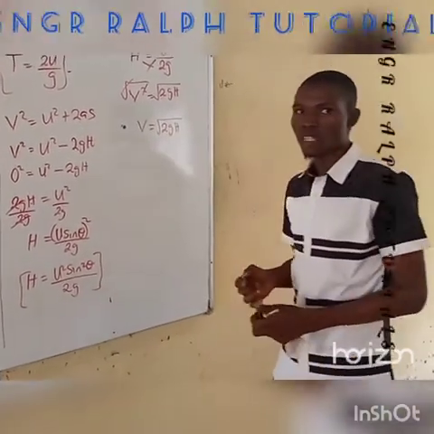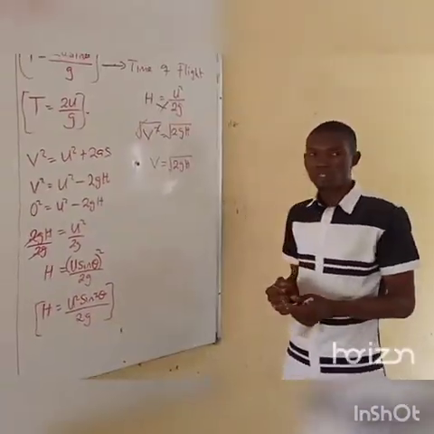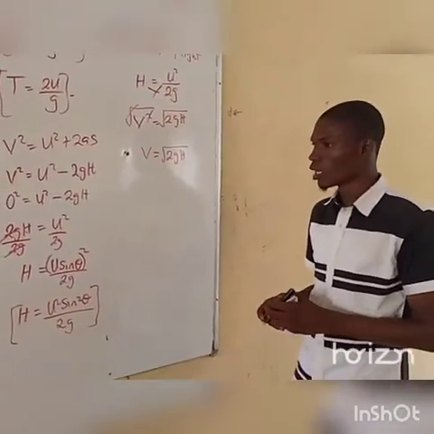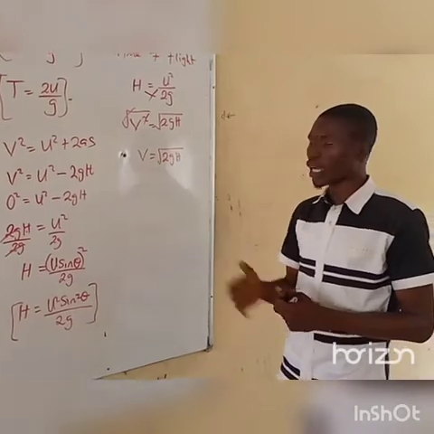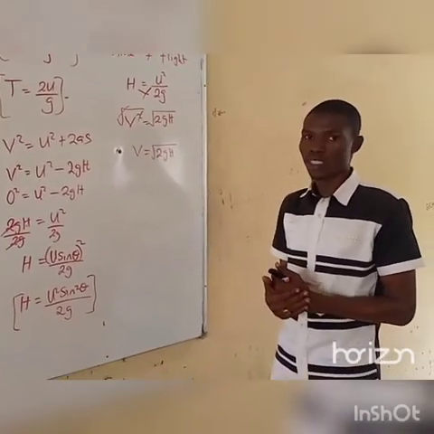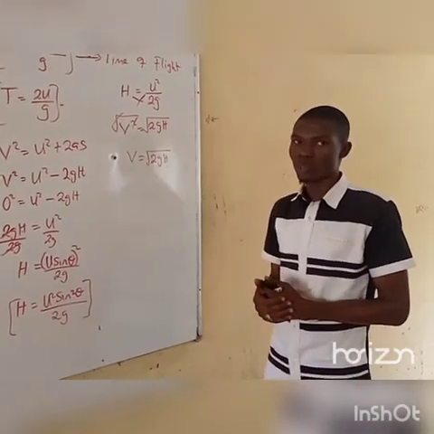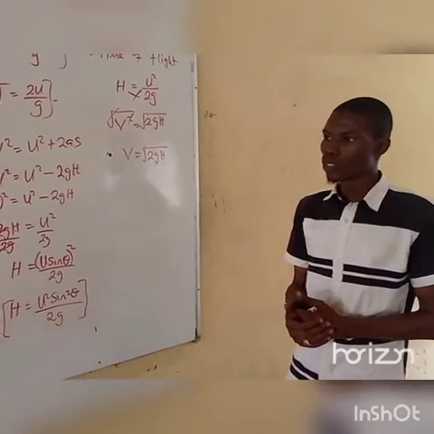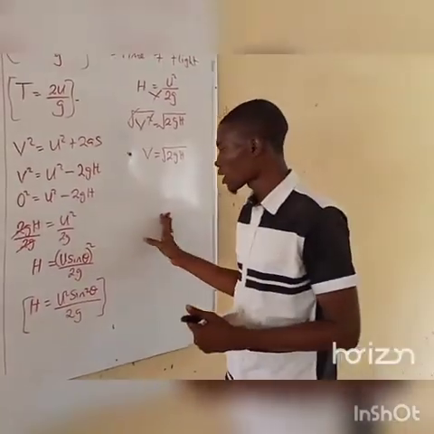So sometimes you'll be asked to calculate velocity and you'll be given maximum height. Many people get confused about those questions, because most people think about distance over time. But this is a simple equation. You just say v is equal to square root of 2gh. So this is maximum height.